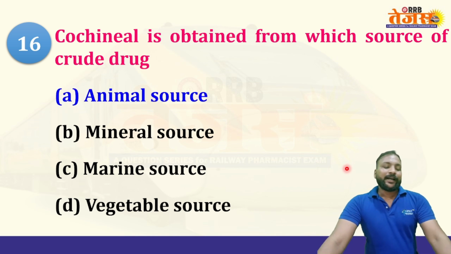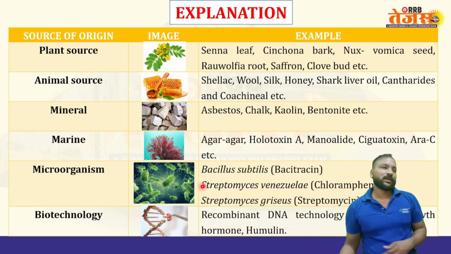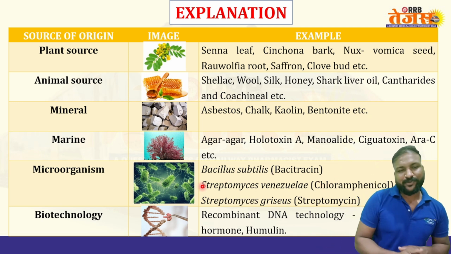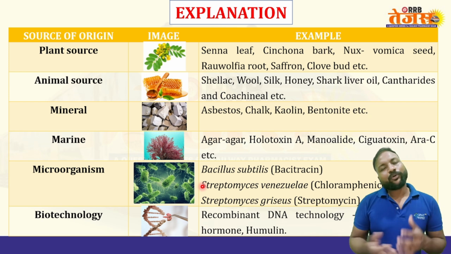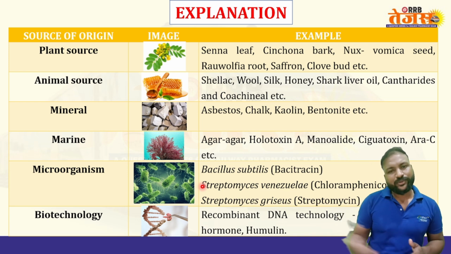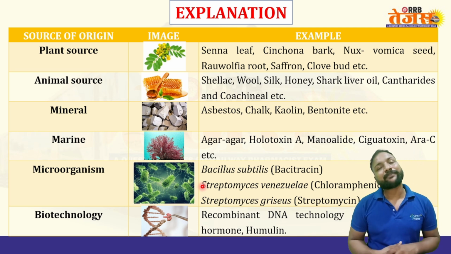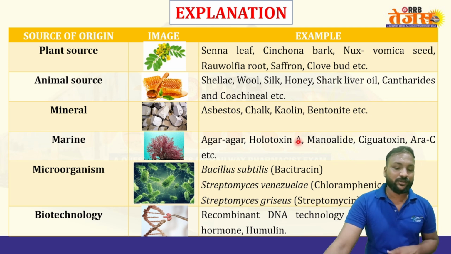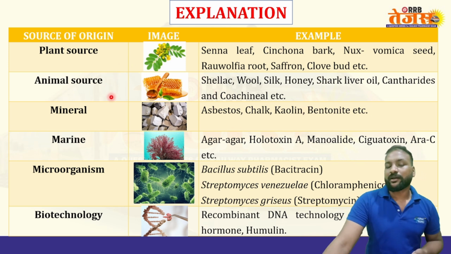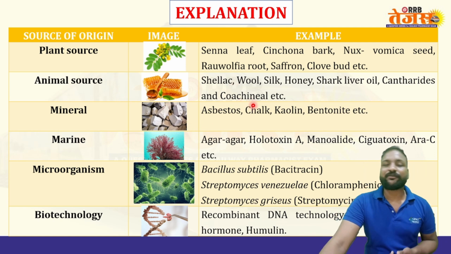Yes, it is obtained from the animal source, because to get crude drugs from nature, from the environment, we have more than five resources. Majorly, we have plant source, animal source, mineral, marine, microorganisms, and biotechnology. Cochineal is the best example for animal source.